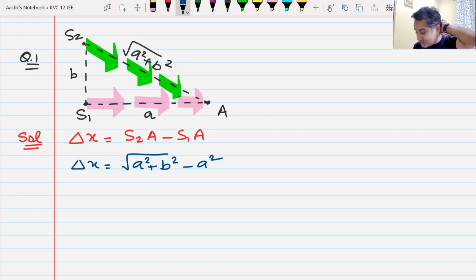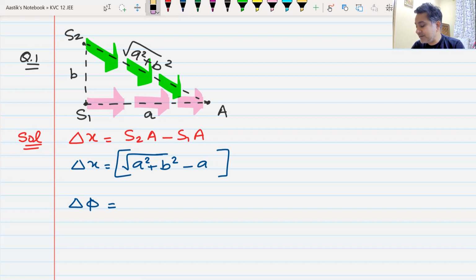That is the path difference. Sorry, minus A, my mistake. Root over a square plus b square minus a. That is it. How do you find out the phase difference from the path difference?